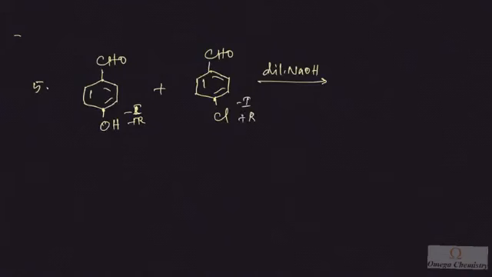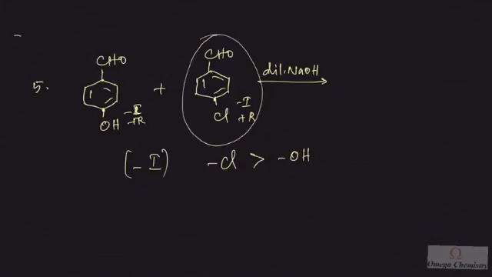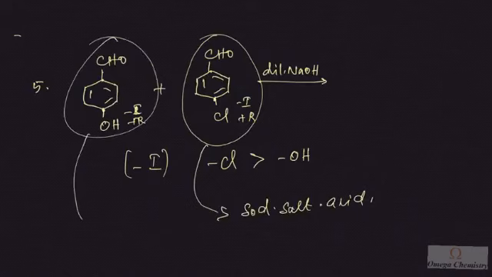But the minus I effect of chlorine is more efficient than that of the hydroxyl group, this we know. So that is why this compound can stabilize the final carboxylate ion much better than the other. So this will become the sodium salt of acid, and the other compound will become alcohol.